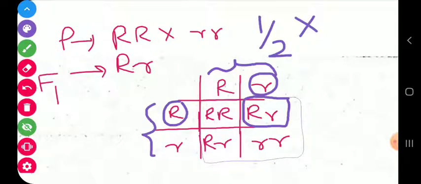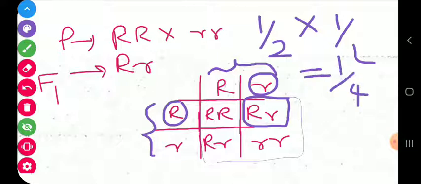The probability of getting a capital R from mother is also half, because there are only two possibilities, capital R or small r from mother. So you get 1/4 probability of getting capital R small r here.